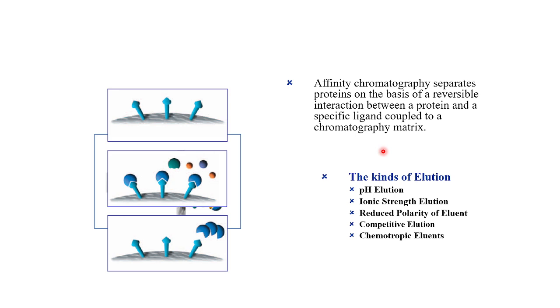Here you have a particular tag, or the protein itself has an ability to bind with a particular ligand or a particular substance. Here the charge is not involved. That is why it's affinity chromatography. It's the internal property of the protein that we want to utilize for the binding.